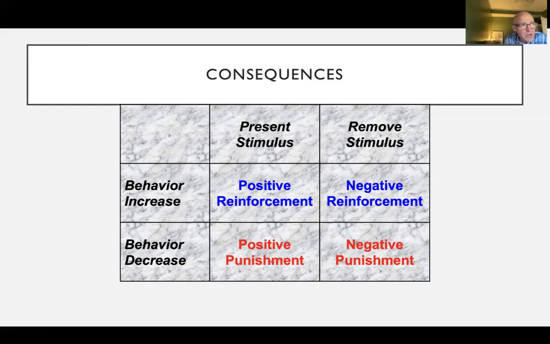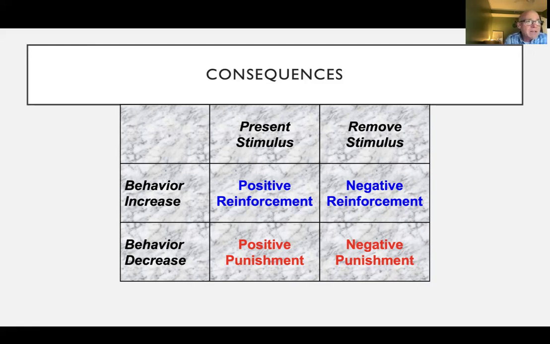If I'm decreasing your behavior, now we're talking about punishments. So if something happens after a behavior and that something leads to the behavior to go down, then it's been some form of punishment. If the thing that makes it go down is the presentation of something, like I shock you or I squirt water in your face or something like that, that's a positive punishment or a presentation punishment.